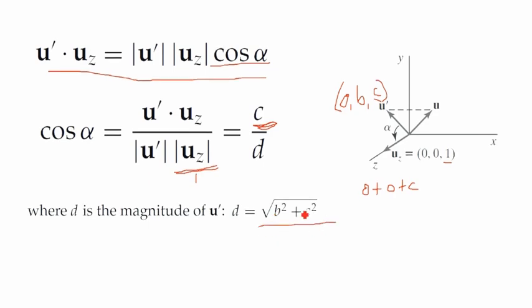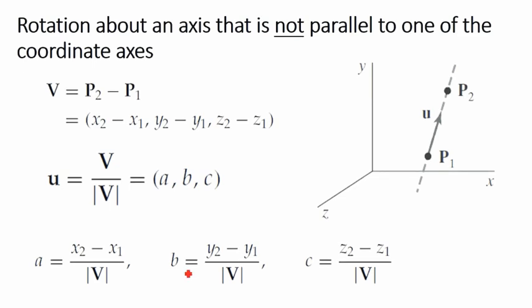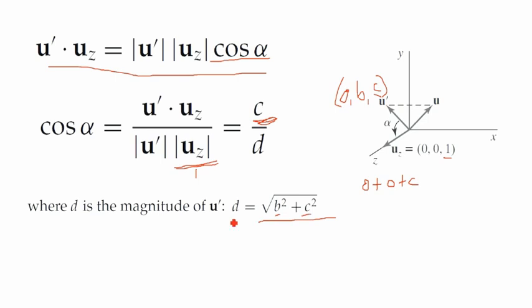You have to note that b and c are not unknown to me. I know what my b and c are. So b is y2 minus y1 divided by the magnitude of v, and c is z2 minus z1 divided by the magnitude of v. Let us represent the magnitude of u dash with the letter d.